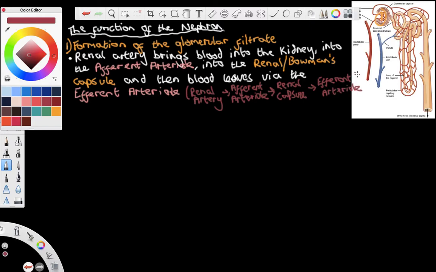Okay, so that's the route which the blood goes through.